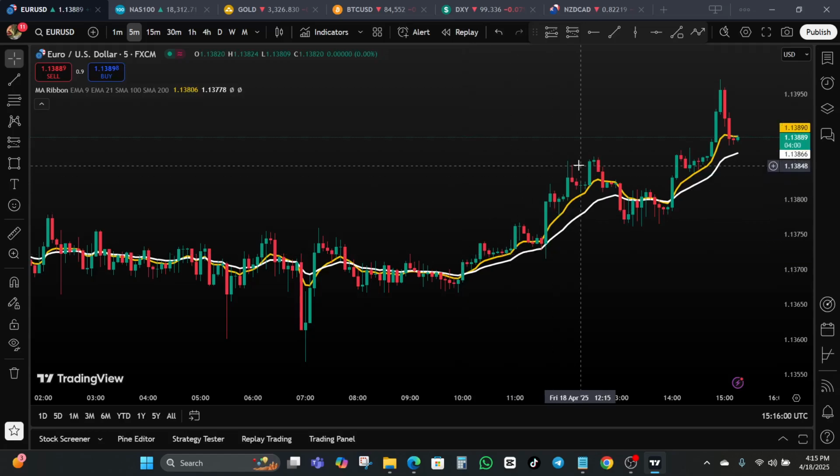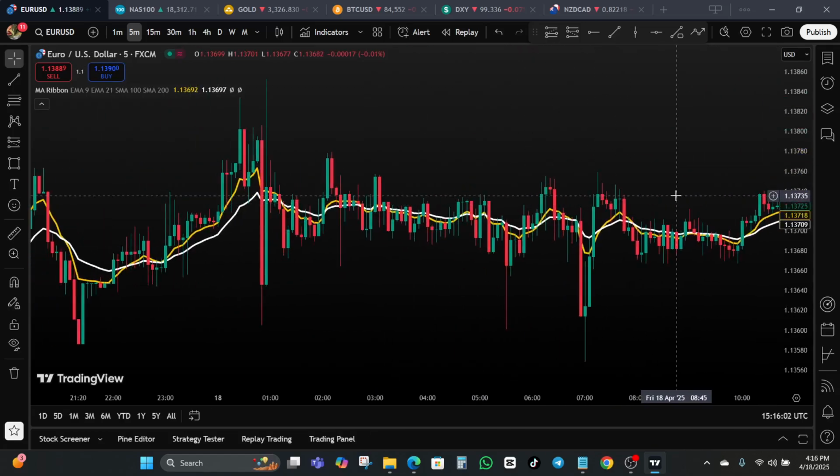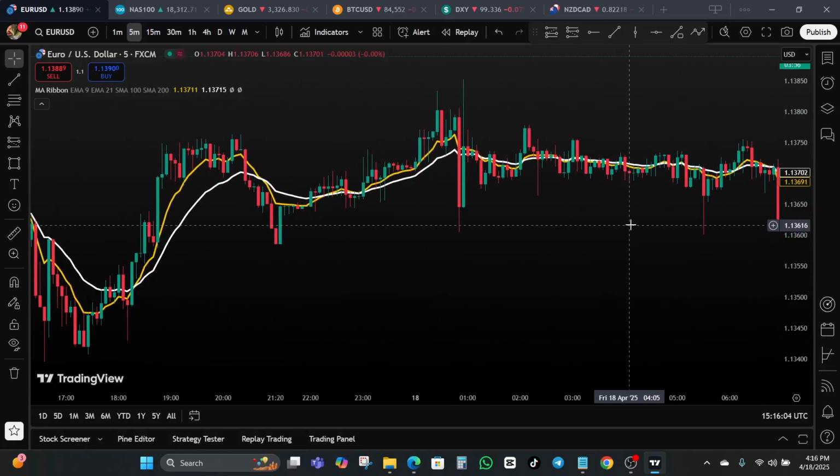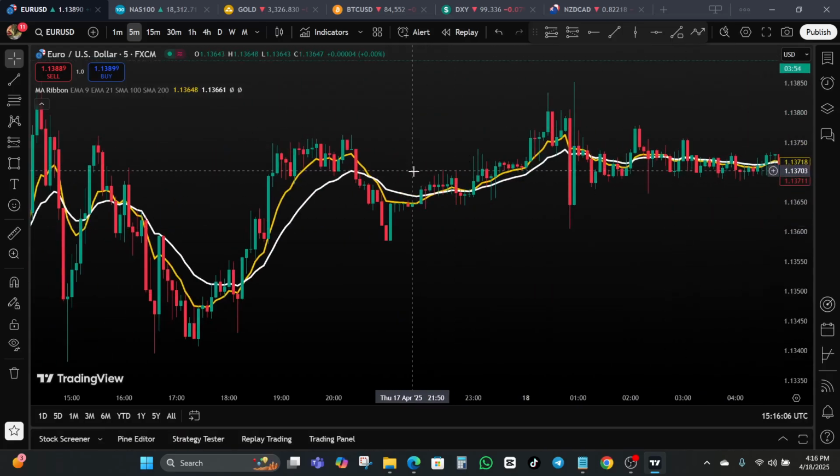Crossing above indicates a bullish move, while crossing below indicates a bearish move, indicating weakness. So this is great for momentum entries or re-entry confirmation after pullbacks.